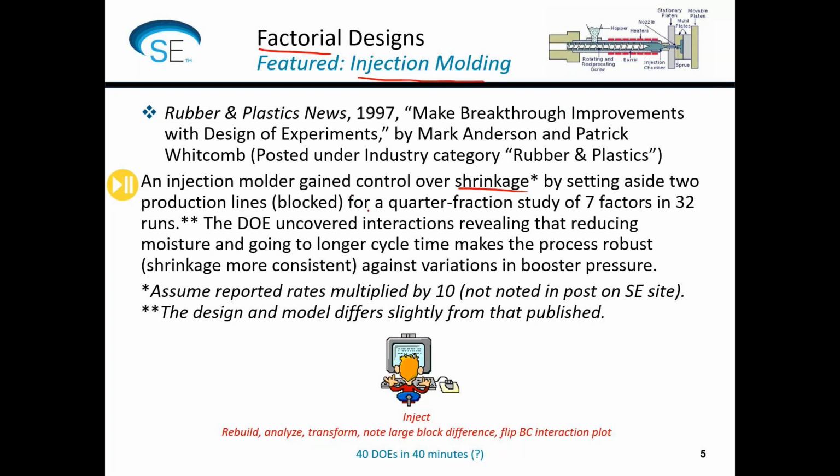This study details how manufacturing engineers at an injection molding company set aside two lines and blocked on those lines, which is a very important tool. They ran a quarter fraction study of 7 factors in 32 runs. They were able to uncover interactions revealing that by reducing moisture and going to longer cycle time, they could make their process robust, that is, make the shrinkage more consistent, against variations in booster pressure.